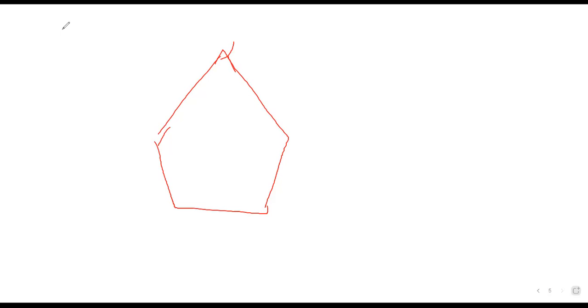"At most" is the keyword, "overlaid" is the keyword, "pentagon" is the keyword, "one more pentagon" is also the keyword. So you will have to get the idea. How many points of intersection at most?